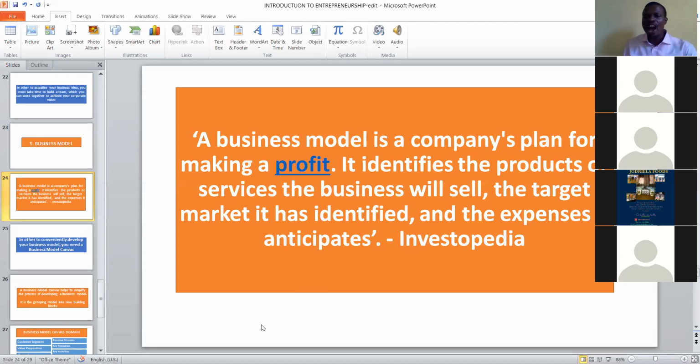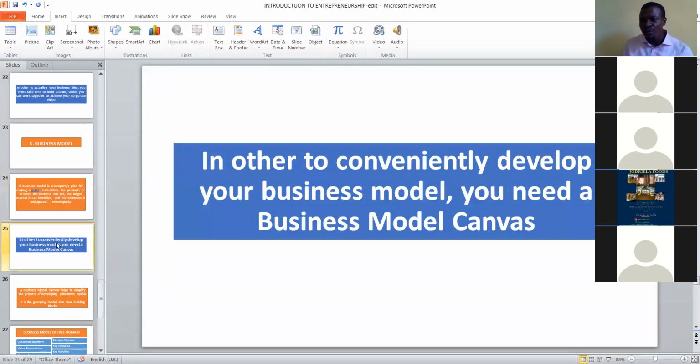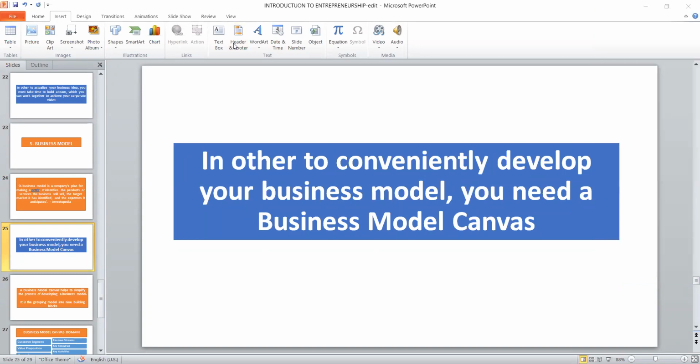So a business model sounds complicated. It's difficult for an organization to understand their business model. So in order for you to conveniently explain or develop a business model, you need what we call a business model canvas.